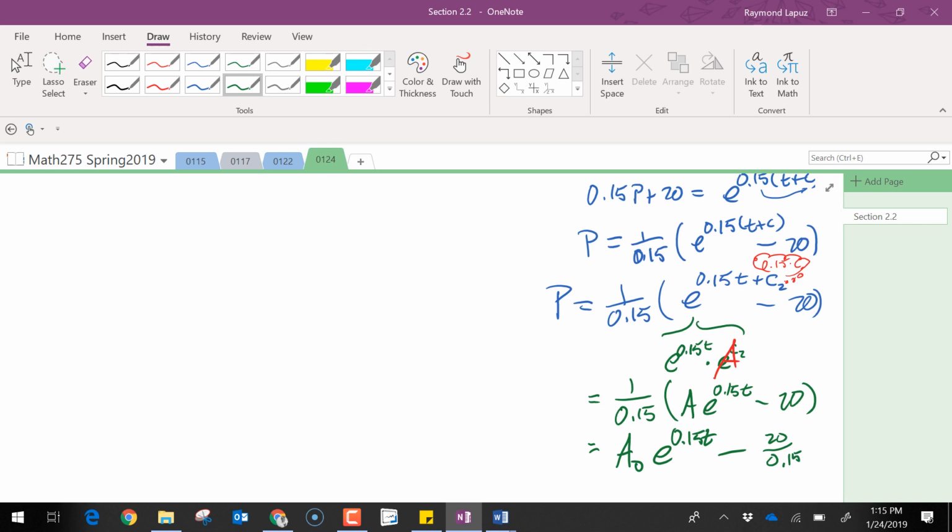All right. Unfortunately, this is an initial value problem, which means we have to solve for it. See how that became A naught? A naught is actually like 1 divided by 0.15 times A. So that constant kind of morphed along the way, right?